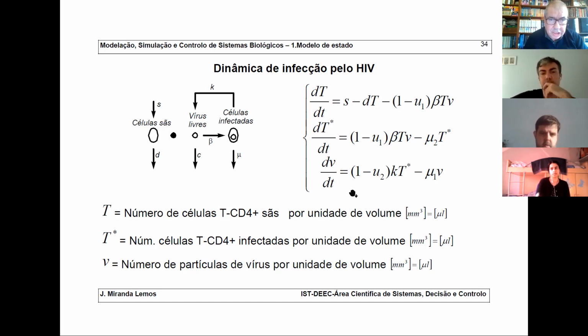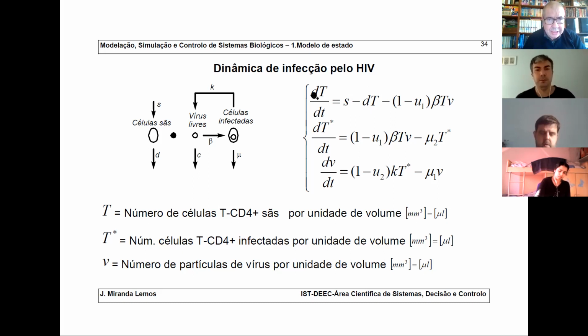So the state equations are derivatives of these three quantities with respect to time. Take the healthy cells, so uninfected cells, they are produced in a healthy person. You only have these first two terms, s and minus d t. s is a constant rate of production, and minus d t is the death term.